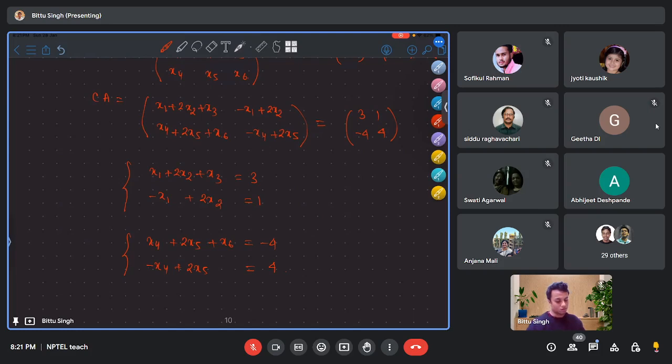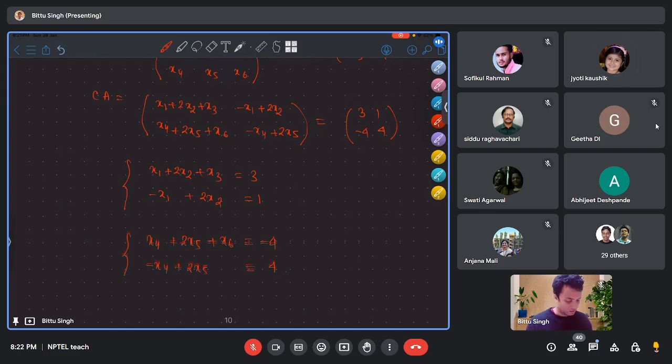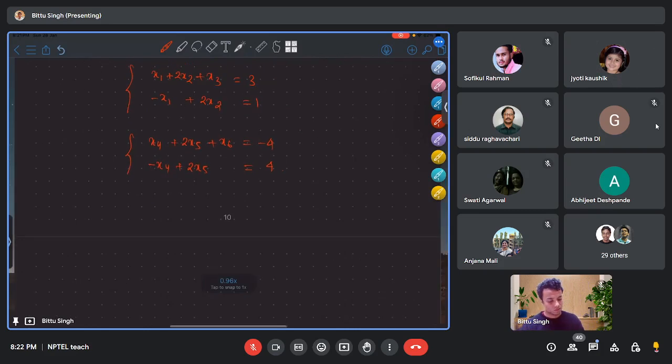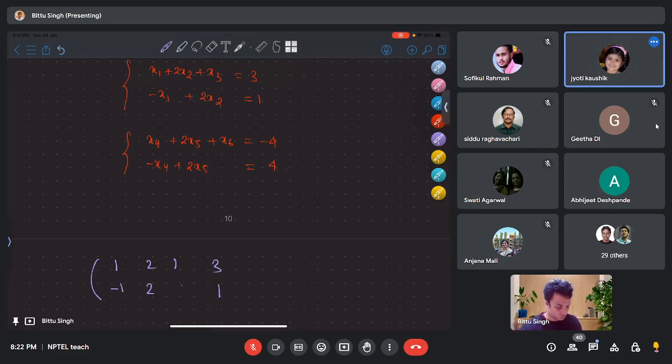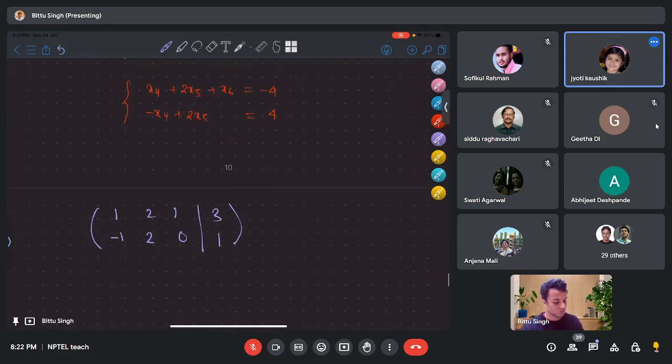Here you can do row operations, but can we do it without row operations? Let us do a row operation. For the first system, the augmented matrix is [1, 2, 1 | 3; -1, 2, 0 | 1].